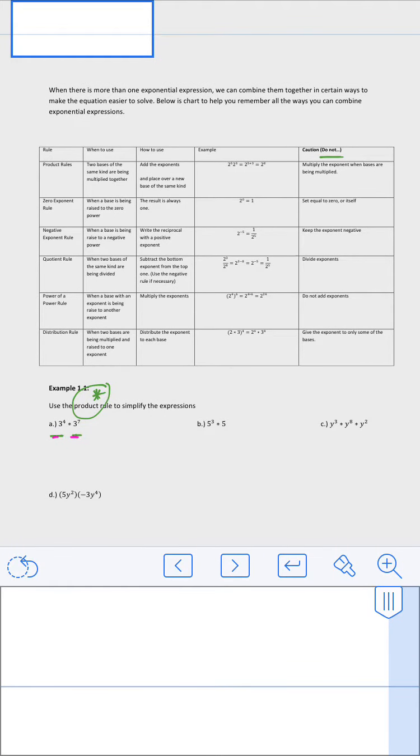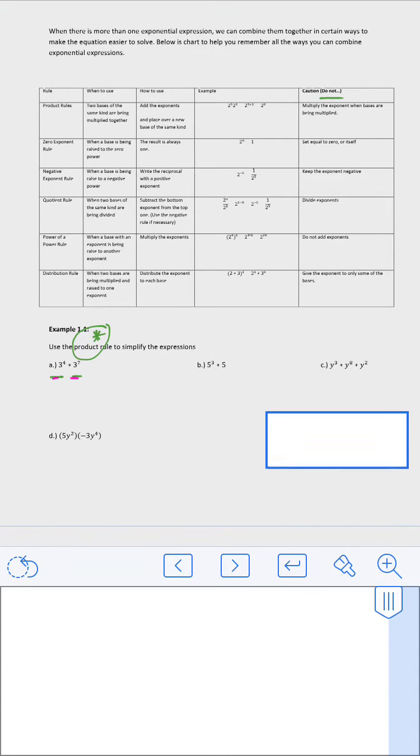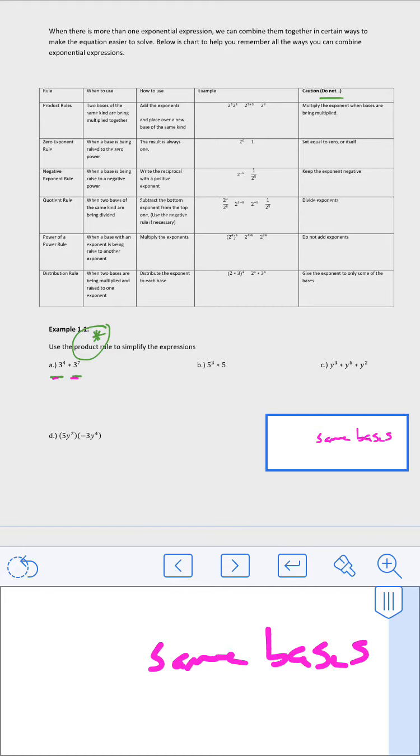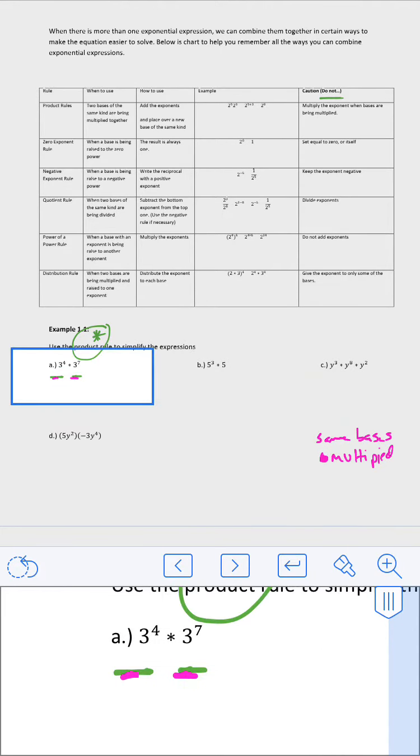Same base. And they must be multiplied. Otherwise the idea doesn't work.